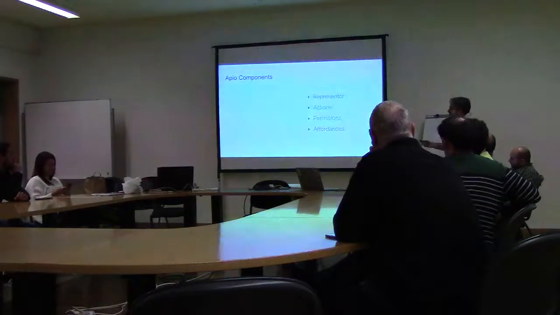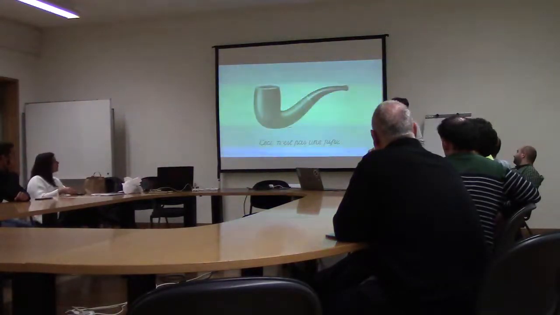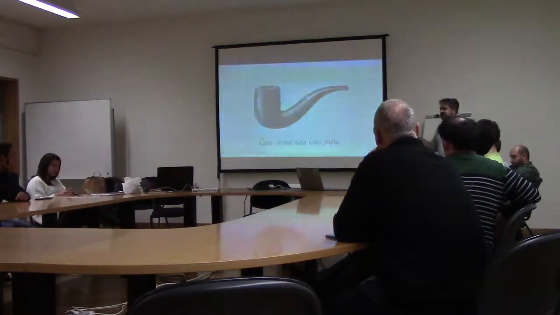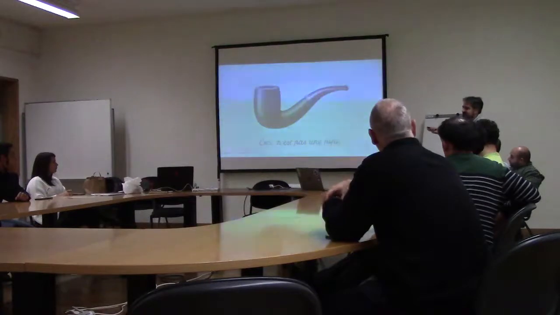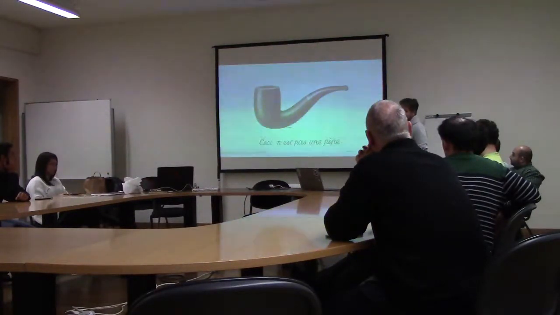The key thing here is that we are going to use what we call the representative pattern. I don't know if you have seen this picture. This is from a French artist who created a picture of a pipe, and the writing says, this is not a pipe.